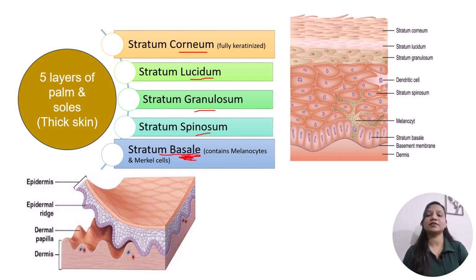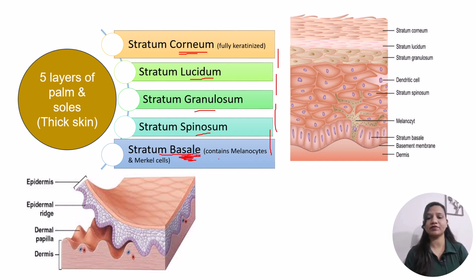The keratinization starts here at the deepest layer of epidermis, and then these keratinocytes go upward layer by layer by mitosis, and finally fully keratinized cells are achieved in the most superficial layer, the stratum corneum. So keratinization occurs in the stratum basale, where the basal cells act as precursors for keratinocytes.